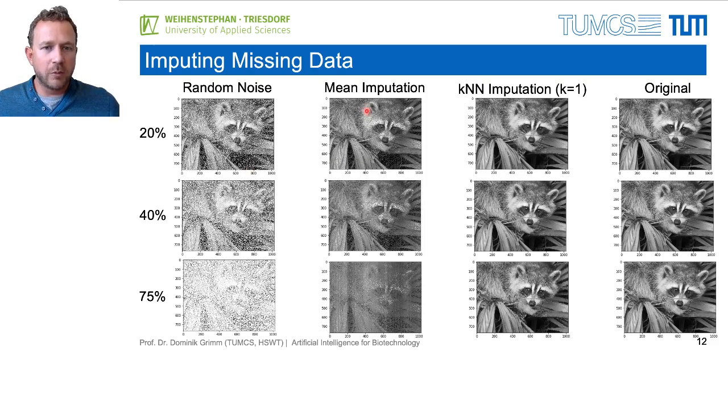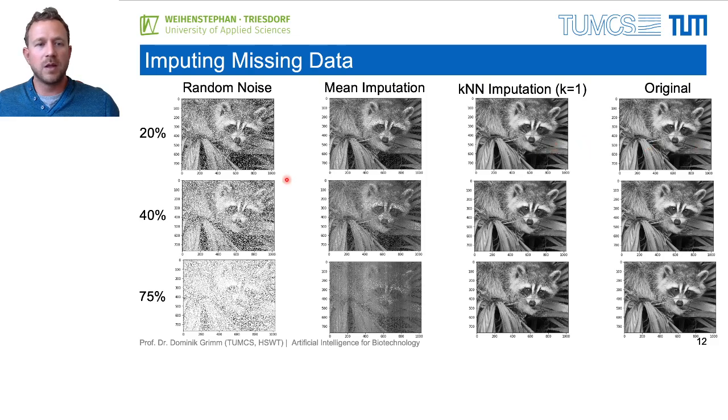When we then use mean imputation, you see this image now looks much, much better. So we could use the simple mean imputation already when we only have a few data points missing. 20% is already quite a lot. But using mean imputation already helps us get a better data set that can be used. And here KNN leads almost to the original image.